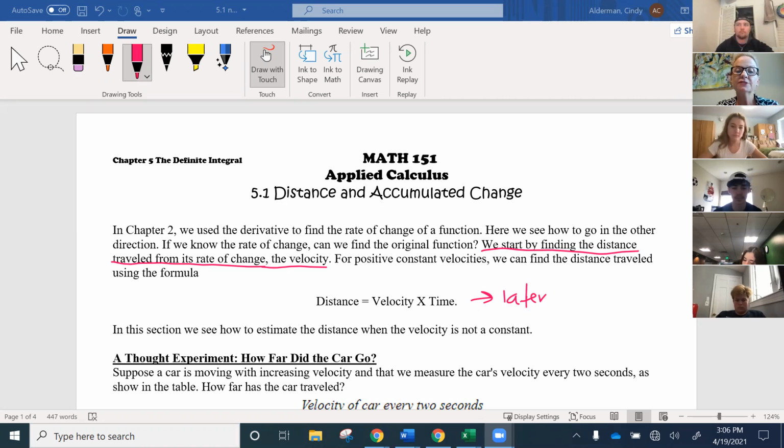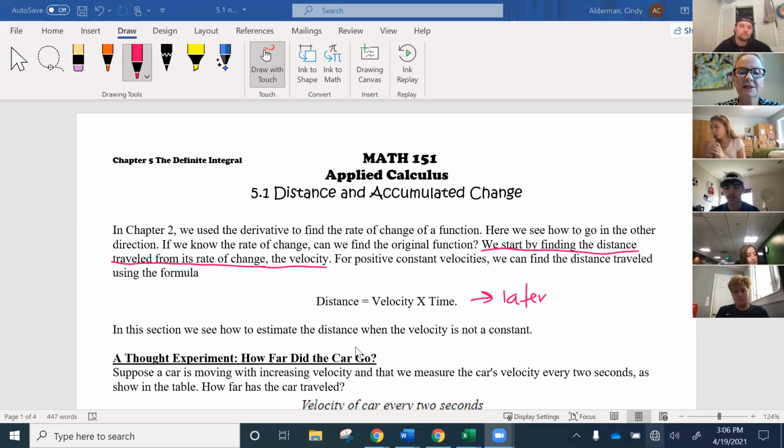So in chapter 2, we use the derivative to find the rate of change at a particular point on a function, right? And a real practical example of this is thinking about speed, which is velocity, right? Rate of change and distance. So if, let's say, instead of having how far something was, instead we just had a whole bunch of points at what the derivative was, in other words, the speed at a bunch of points, but we didn't know how far we traveled.